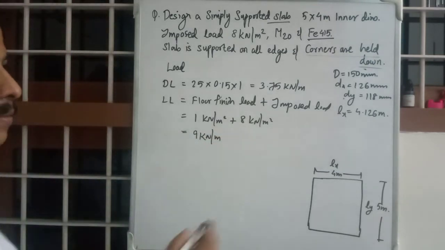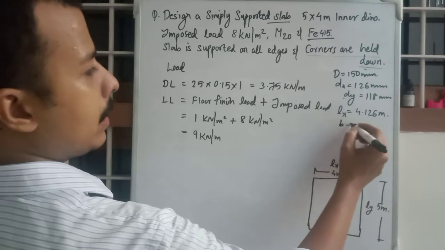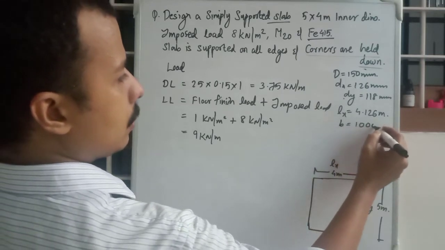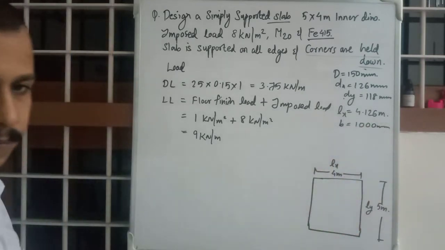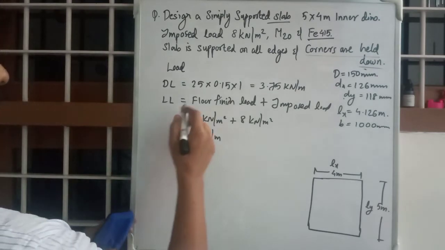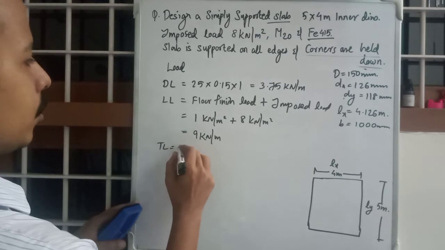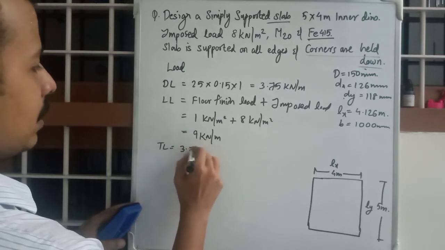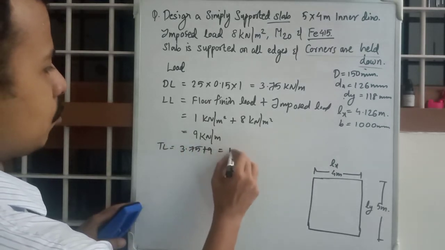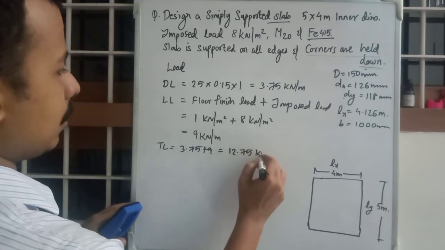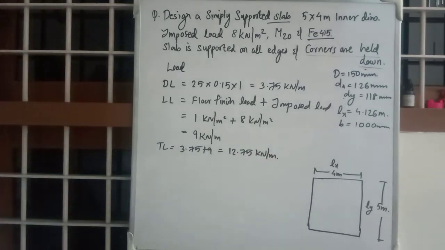When you multiply it with B, 1000 mm, 1 meter, obviously. Adding the dead load and live load, total load will be equal to 3.75 plus 9, that is 12.75 kilonewton per meter.